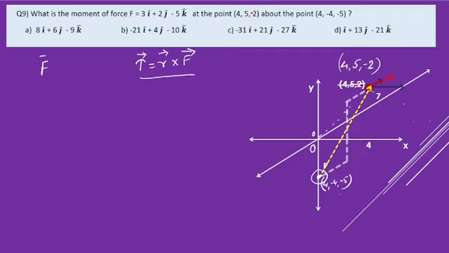And we know the force is 3i plus 2j minus 5k, and it is supposed to rotate around the point 4, minus 4, minus 5. So how do you find the position vector now?